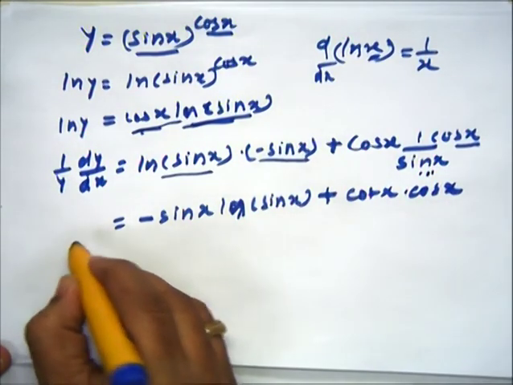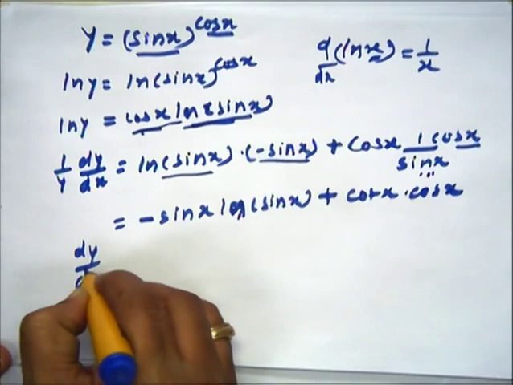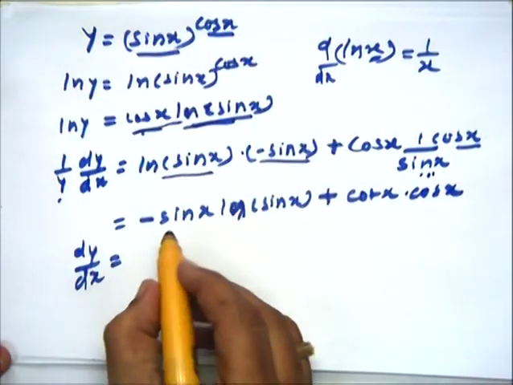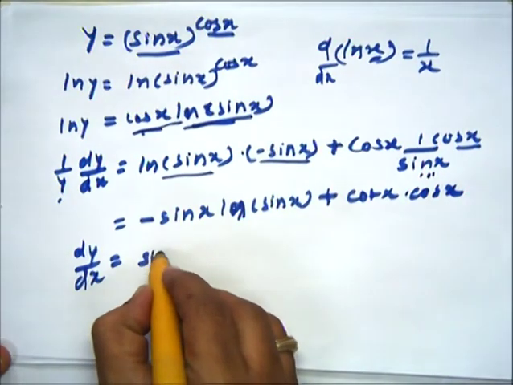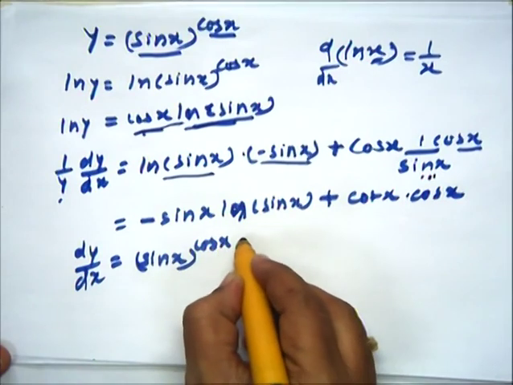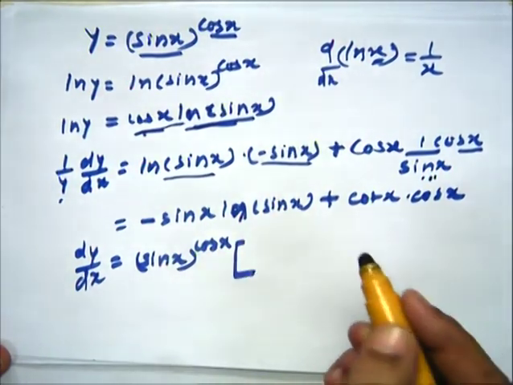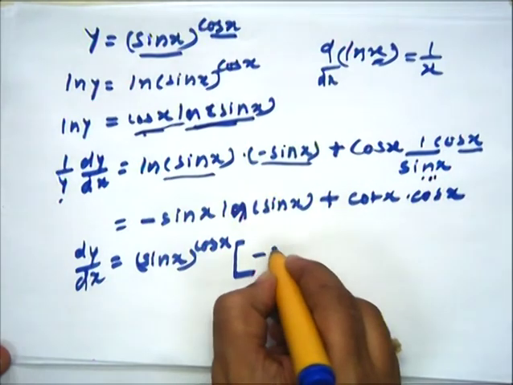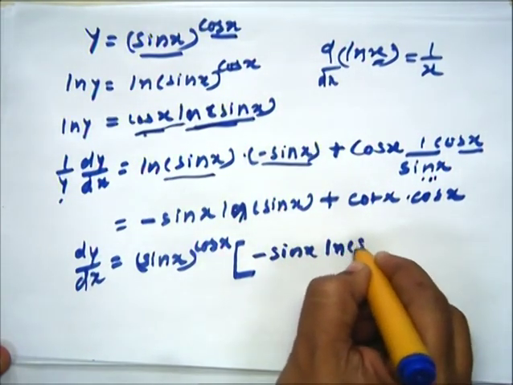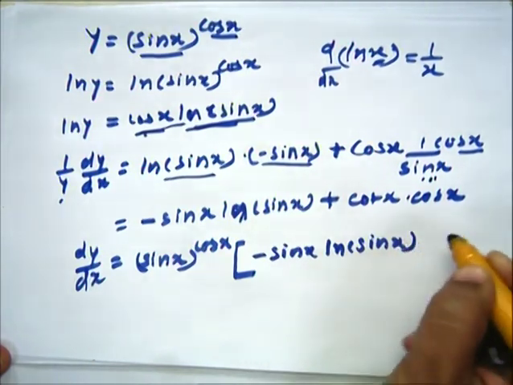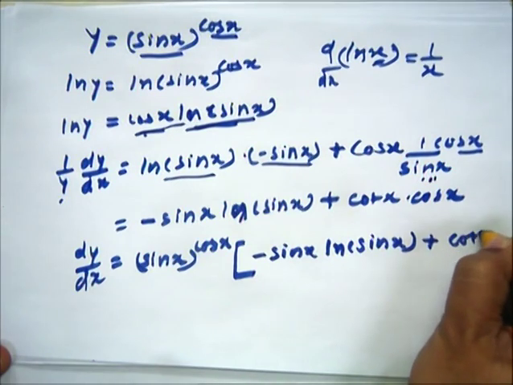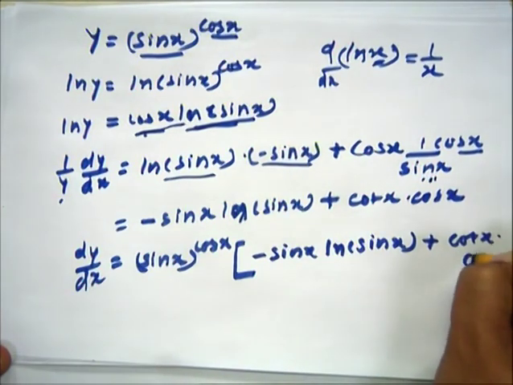So dy by dx, if we take this y on the opposite side and substitute the value of y, that is (sin x) raised to cos x, we have (sin x) raised to cos x into (minus sin x into log sin x plus cot x into cos x).